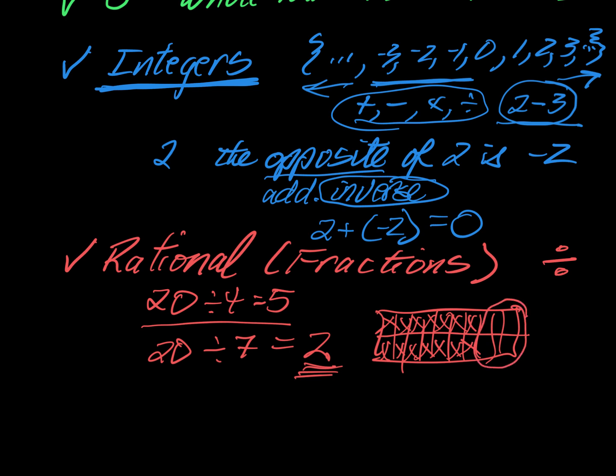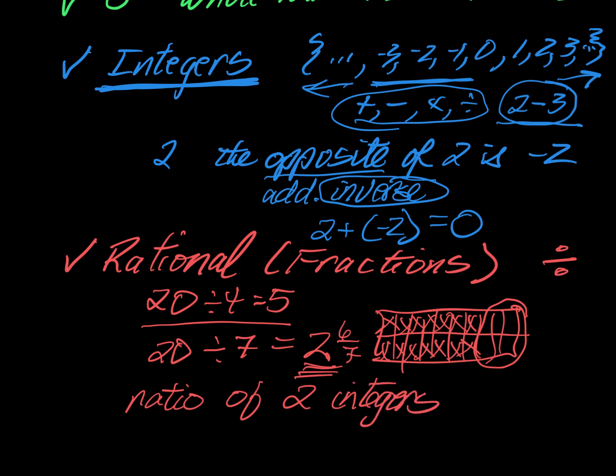We started to talk about remainders, and then eventually we said, hey, that's 2 and 6/7. So that whole idea of fractions begins to get developed from these ideas. Now, rational numbers are a ratio of 2 integers.